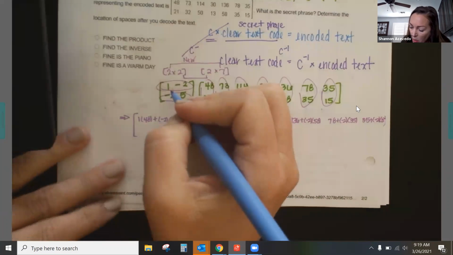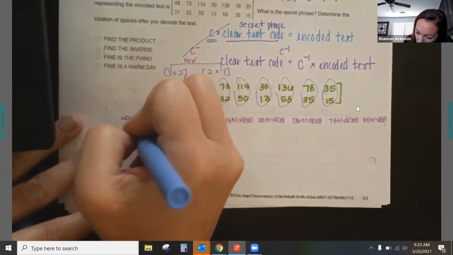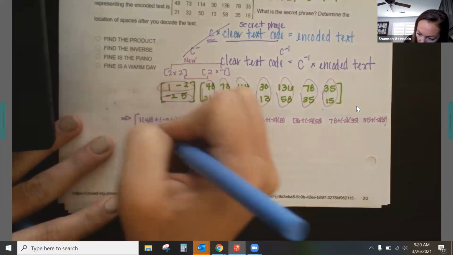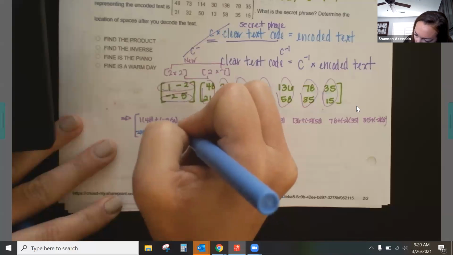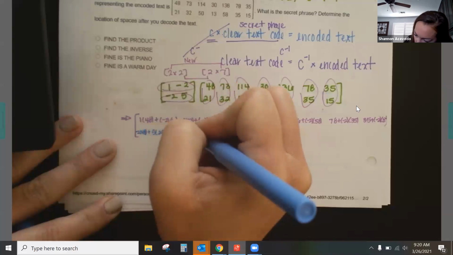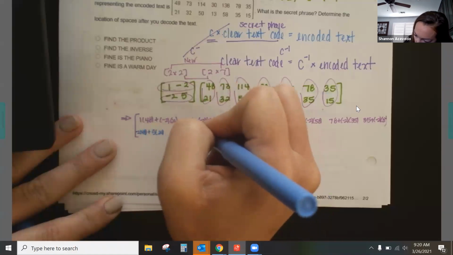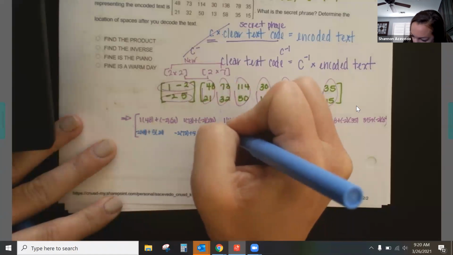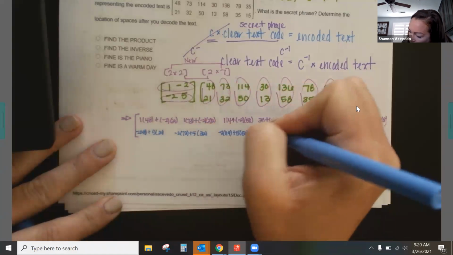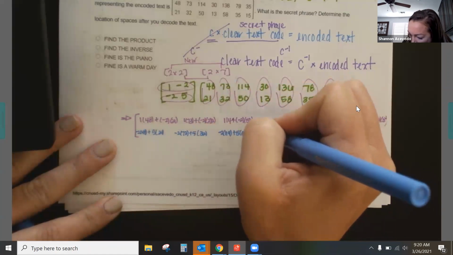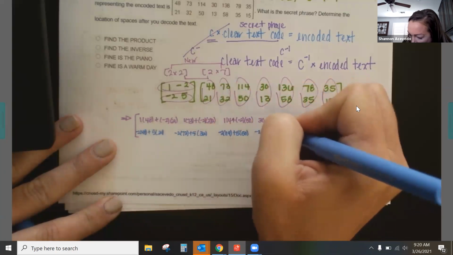So my second row is going to be negative 2 times my 48 plus 5 times 21. It's going to be negative 2 times 73 plus 5 times 32. It's going to be negative 2 times my 114 plus 5 times my 50. This is going to be negative 2 times my 30 plus 5 times 13.